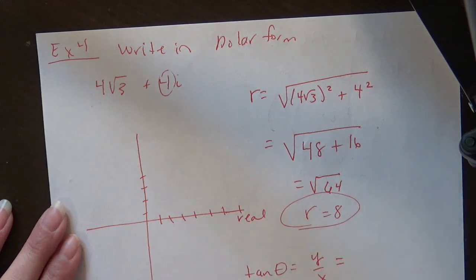4 times the square root of 3 is going to be probably, let's see, square root of 3 is approximately 1.5. Multiply that by 4. So that's going to put us 1, 2, 3, 4, 5. Let me see if I can get a decimal approximation for that. So I want to do 4 times the square root of 3.